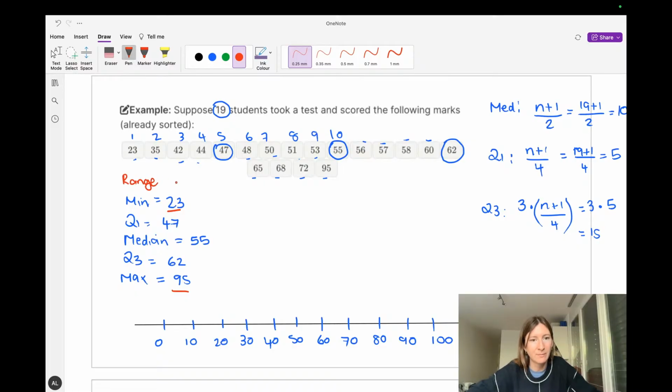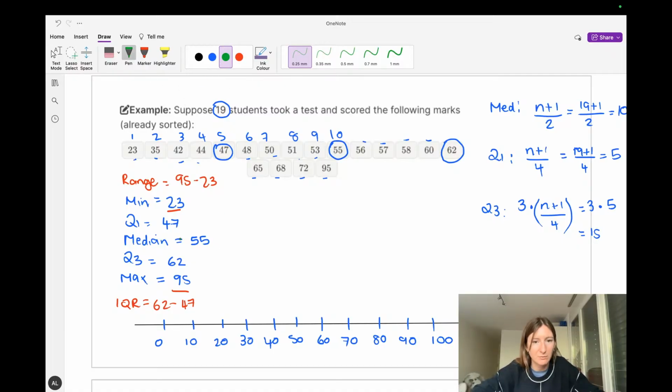Range would just be 95 minus 23, our biggest minus our smallest. And interquartile range is going to be quartile 3 minus quartile 1. Just let me know if I didn't answer what you were asking, but hopefully that answered your question. And thank you for the question.